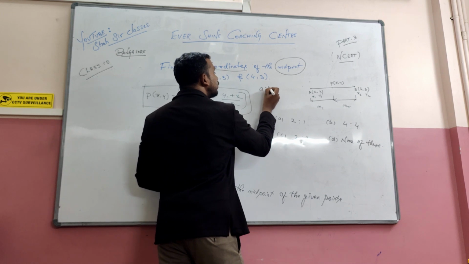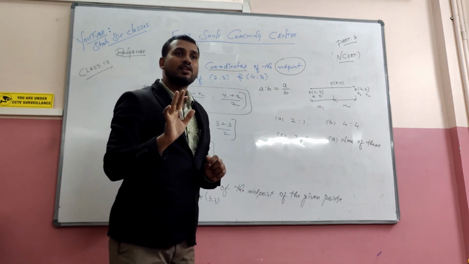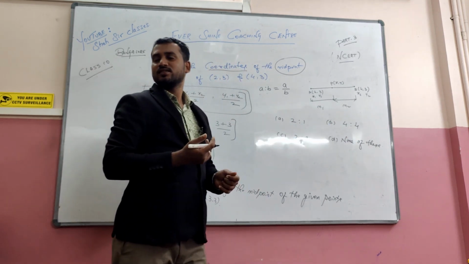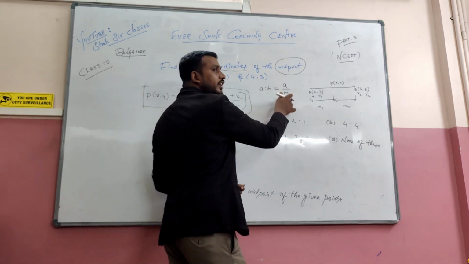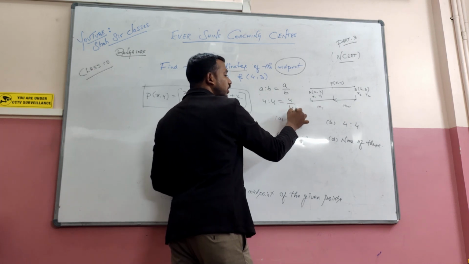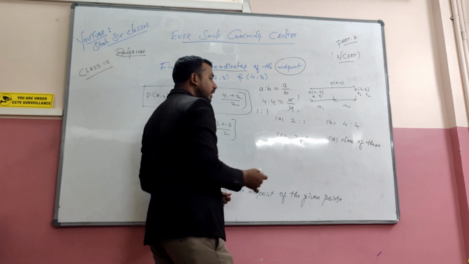See here, A is to B can be written as A by B. Our condition is what? Same ratio, no? Here 4 means here also 4, same only. 4 is to 4 can be written as 4 by 4. 4 ones are 4, 4 ones are 4, so it is 1 by 1, which is nothing but 1 is to 1.